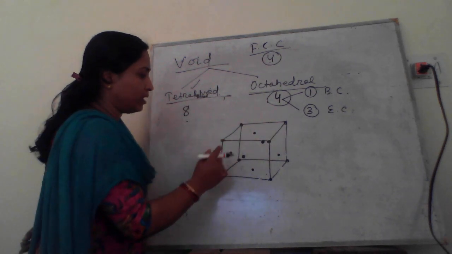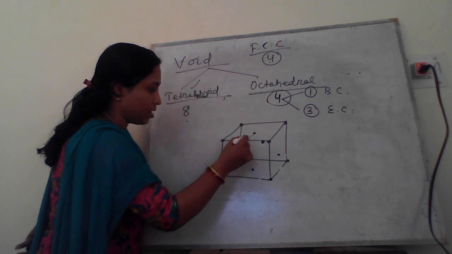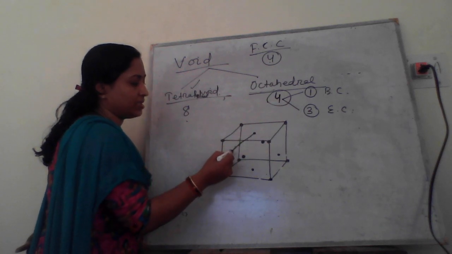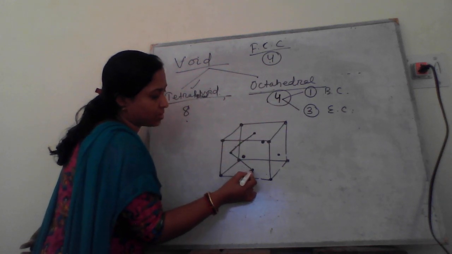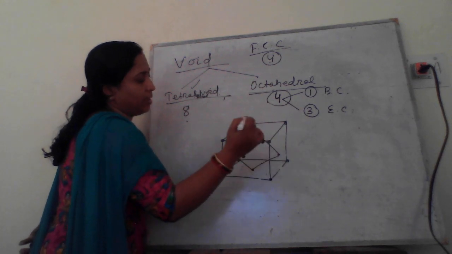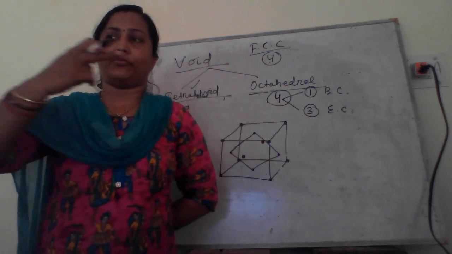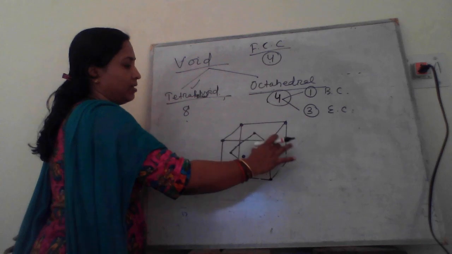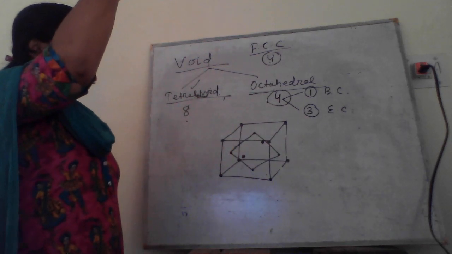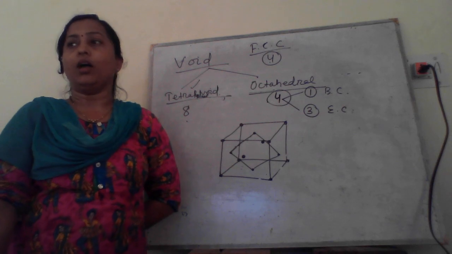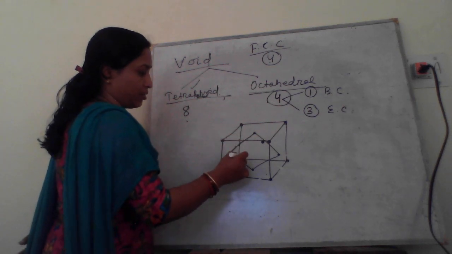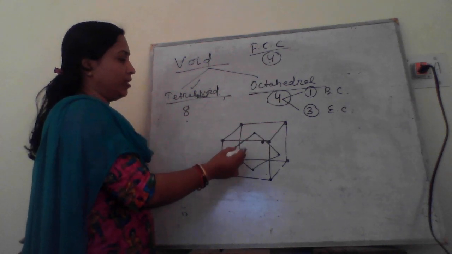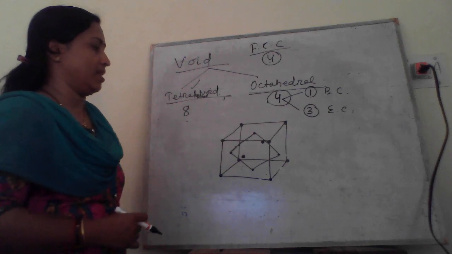When we join the centers of the particles at the four sides, a plane is formed, and one particle is at the top face and another at the bottom face.